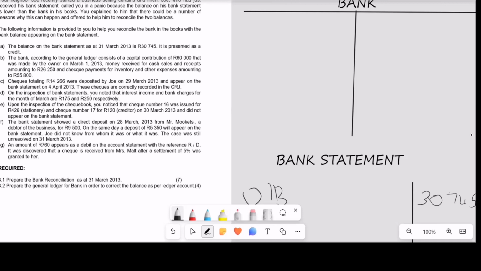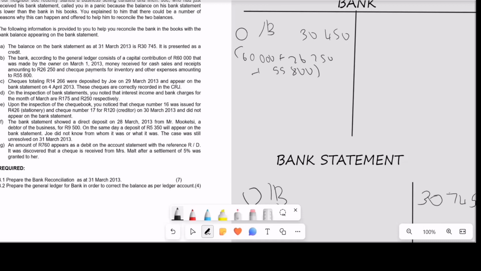So we must put it in. It's going to be opening balance: 60,000 plus 26,250 plus 55,800. The reason why we don't include this amount in the bank statement is because it's already included in there, guys. So this is going to amount to 30,450.